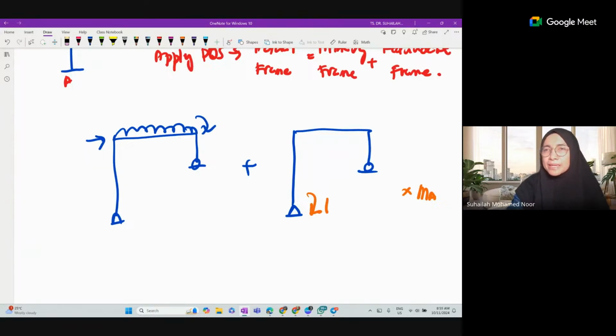Not only frames, but it can be applied to all types of structure, including truss as well. We apply the same principle.